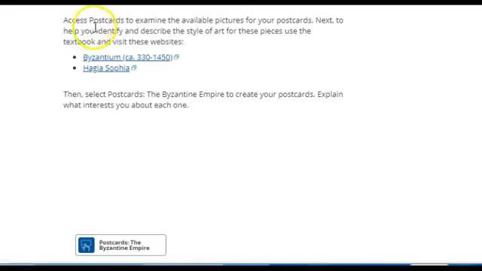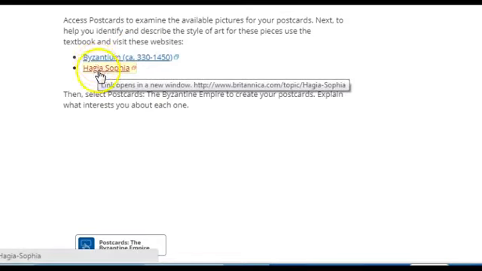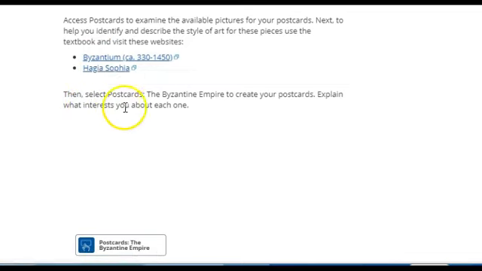This is where you're going to access postcards to examine the available pictures for your postcards. And to help you identify and describe the style of art for the pieces, you're going to use your textbook as well as these 2 websites, okay? Because remember, you have to select 1 type of each. So use your textbook as well as these 2 websites, and then select your postcards and create them.